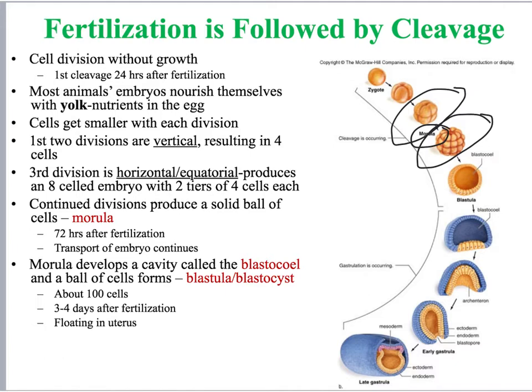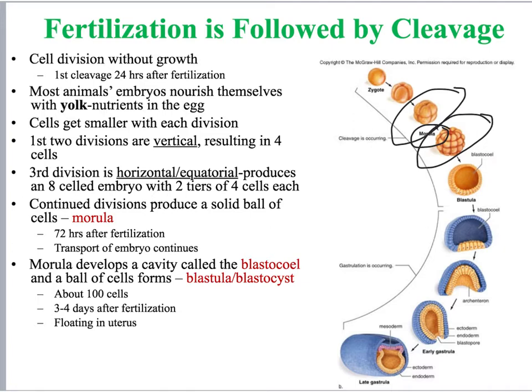And this morula, or rather this embryo, has been moving and developing into a morula all the way down the woman's fallopian tube while this division has been occurring. So the transport has been happening this whole time, and after about 3 days, we have a morula, a solid ball of cells. This little mulberry has been formed, right?